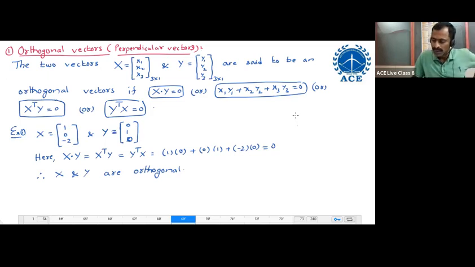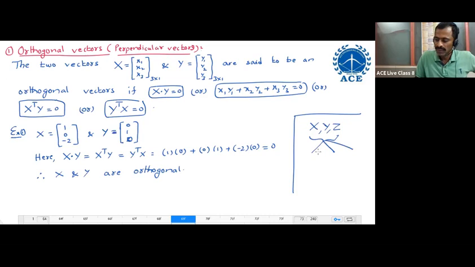Right? Now just observe, if we consider the three vectors x, y, z, among the three vectors, three pairs are possible. That is, xy is one pair, xz is one pair, yz is one pair.